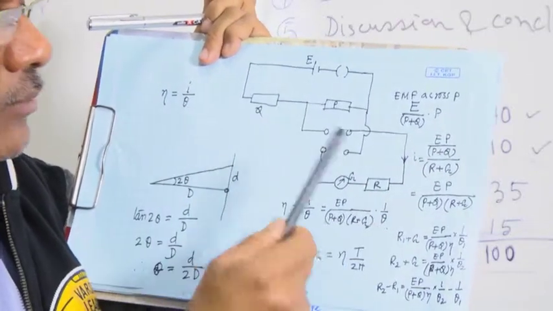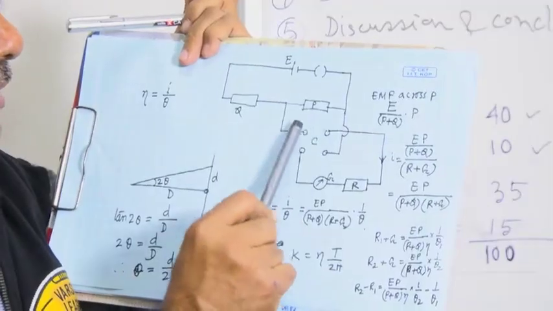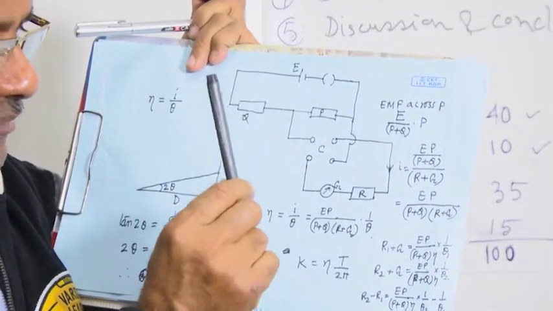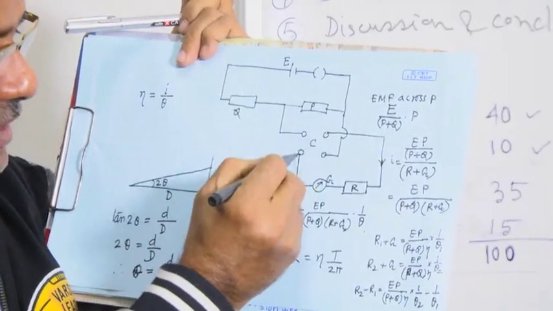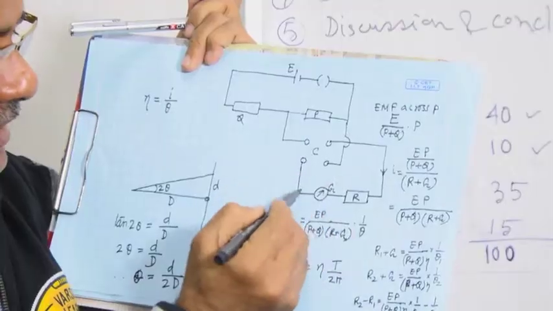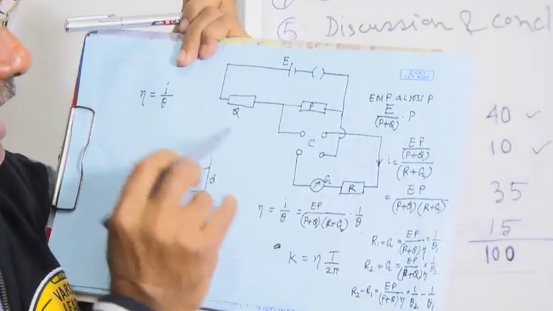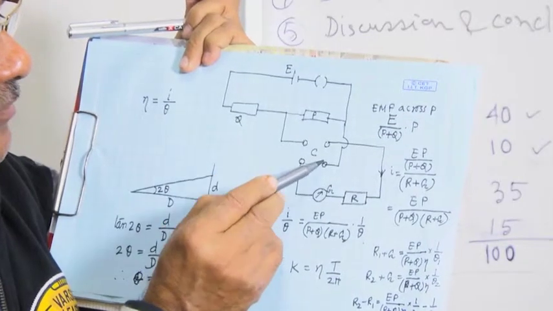In the commutator there are 4 options for connection. These diagonally opposite two are connected here for this main circuit, and the battery is connected to the other two diagonal ends.